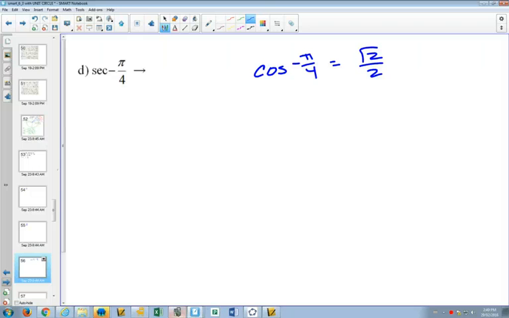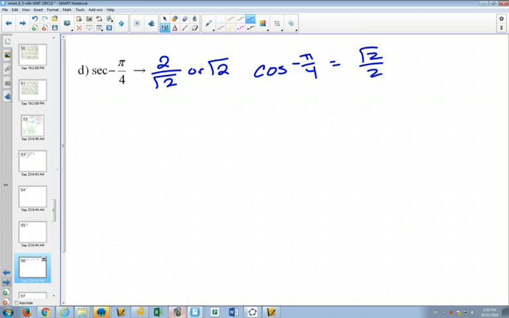What quadrant is negative pi over 4 in? It's in quadrant 4. So will it be positive or negative? Positive. So then this will stay root 2 over 2. When we do the reciprocal, you get 2 over root 2. If you rationalize the denominator, you'll get root 2. But you could leave your answer as 2 over root 2.